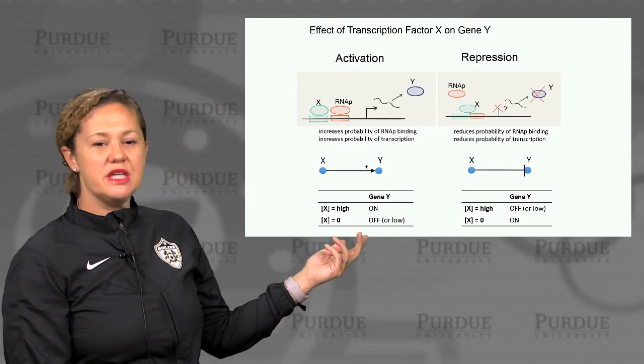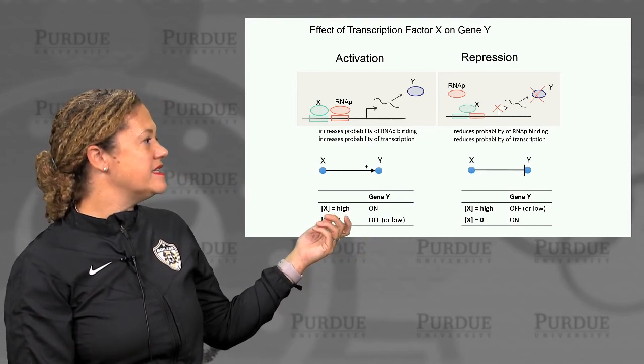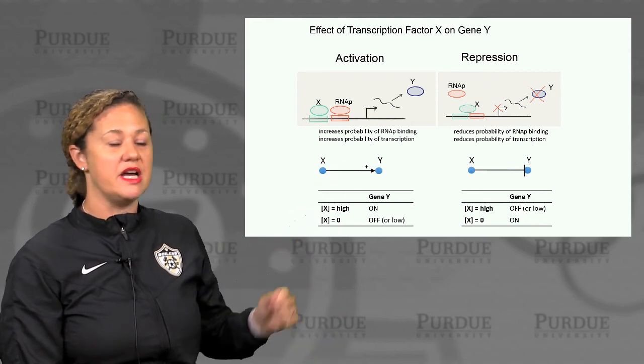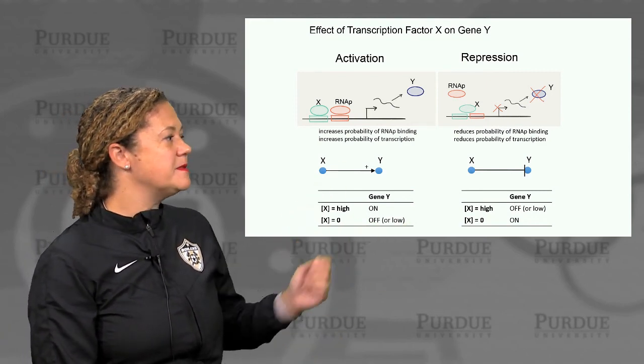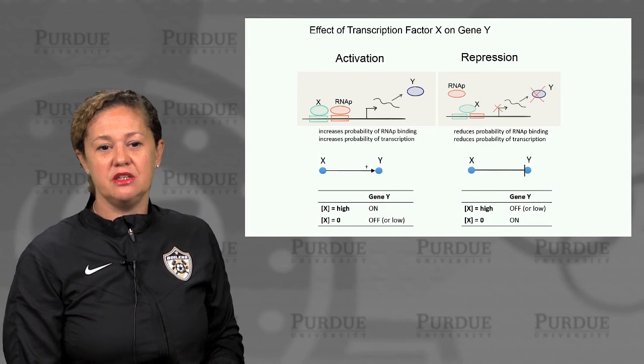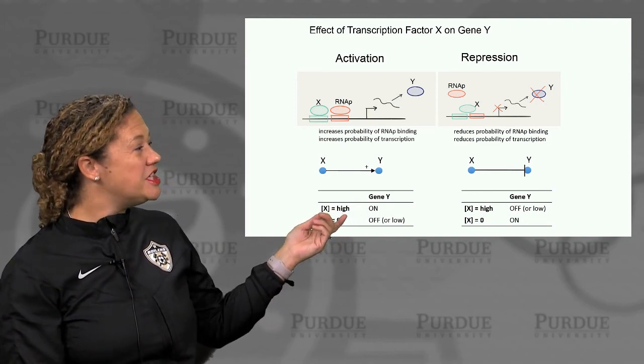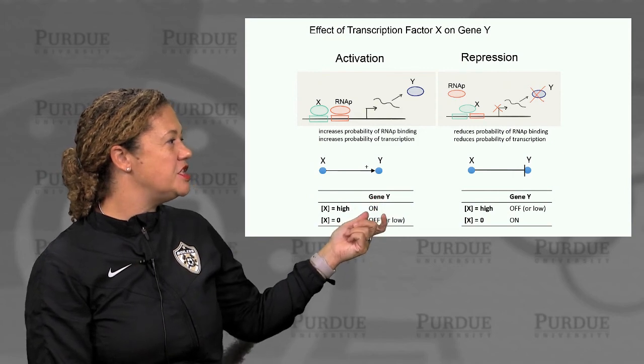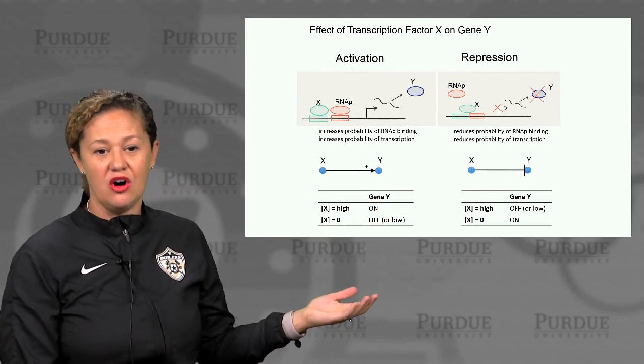And so looking at this, we can see for an activator, if the concentration or level of X is very high, then we would expect the expression of our gene Y to be on.